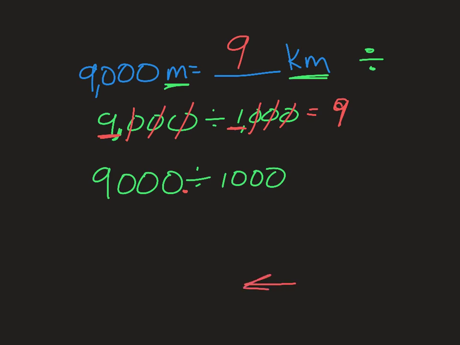So I have to slide the decimal point 1, 2, 3 spaces, which means all these zeros get canceled out, and I have the whole number 9. That again equals the number 9. Whoa, you could do it either way, right? And which way works best for you? Being that 5th grader, you can decide.